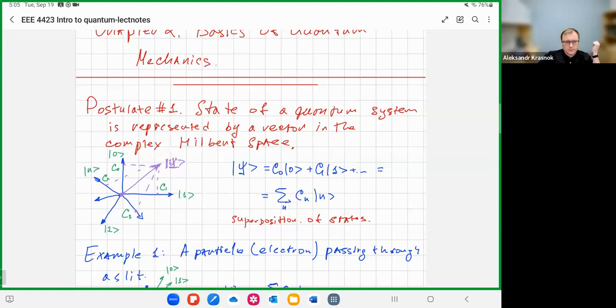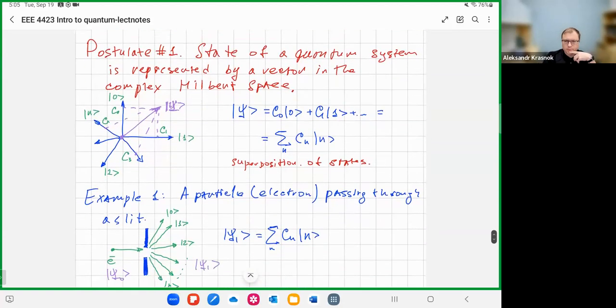The total psi vector is given by the superposition of these basis vectors with corresponding components Cn, which are essentially the projections on the basis vectors.